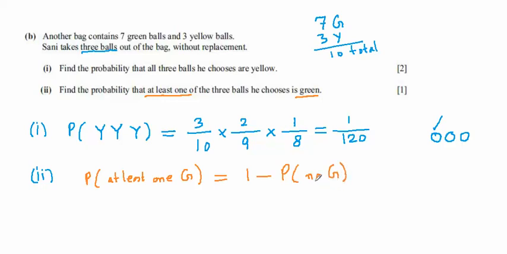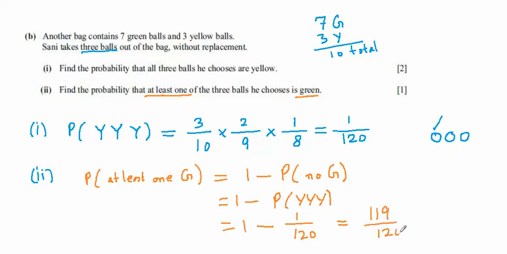No green means all the 3 balls are not green. If they are not green, it means they are all yellow, because we have either green or yellow. So it means this is equal to 1 minus the probability of yellow, yellow, yellow. So it means it is 1 minus the answer of the previous part, which is equal to 119 over 120. So this is the answer for the part 2.